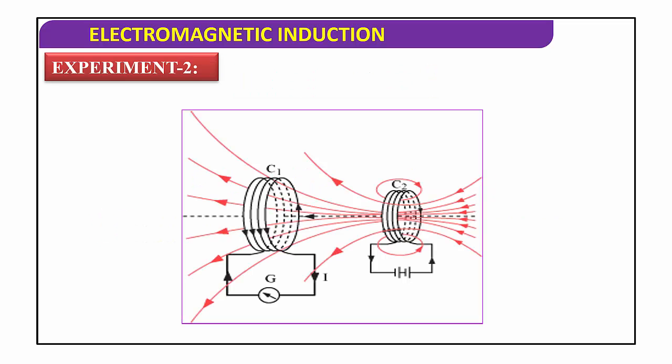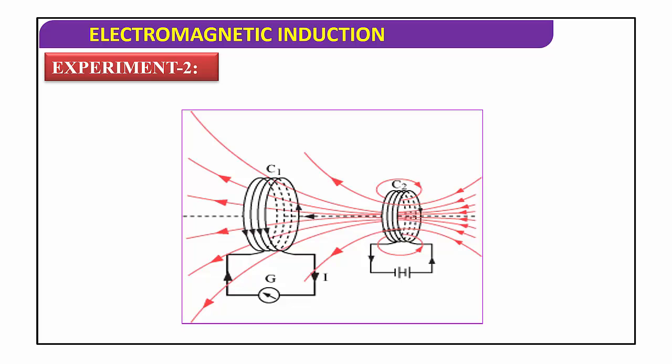In experiment 2 we are going to consider 2 coils. You can observe the picture. There are 2 coils, C1 and C2. The first coil is denoted by C1 and the second coil is denoted by C2.